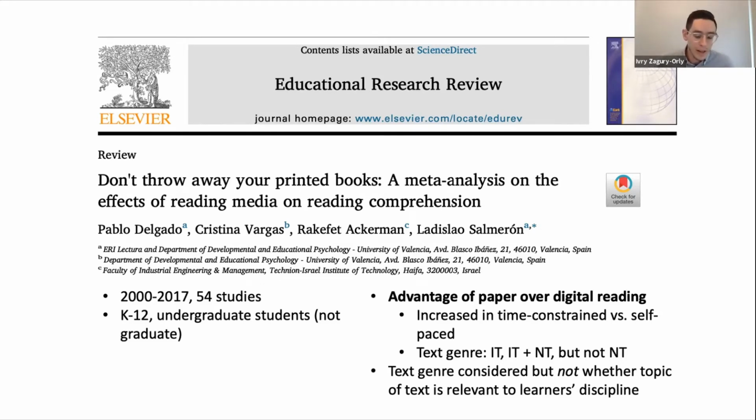Meaning that they found that informational text, so what they describe as informational text is any text that has some sort of content related to it that provides some meaning or any form of information, in contrast to narrative text, which is like a fictional story. And they found that the advantage of paper over digital was found in informational text, but not in narrative texts.